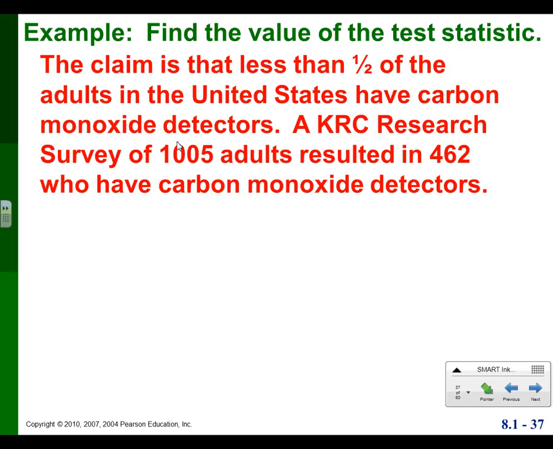The claim is that less than half the adults in the United States have carbon monoxide detectors. A KRC research surveyed 1,005 adults and 462 have carbon monoxide detectors. Okay? So, what's the claim? The claim is less than, P is less than 0.5.